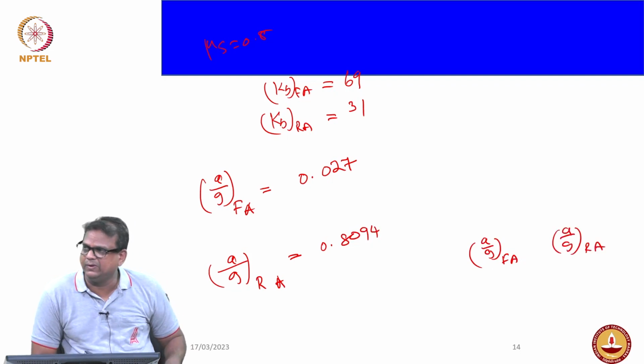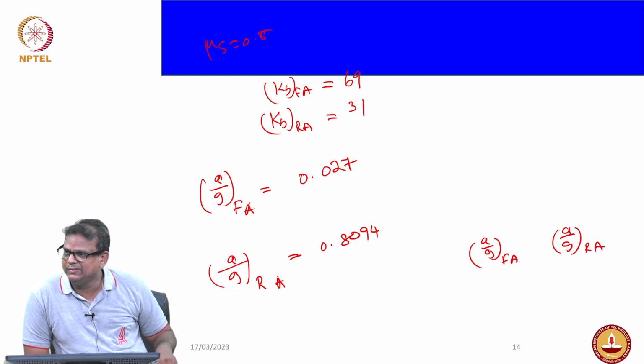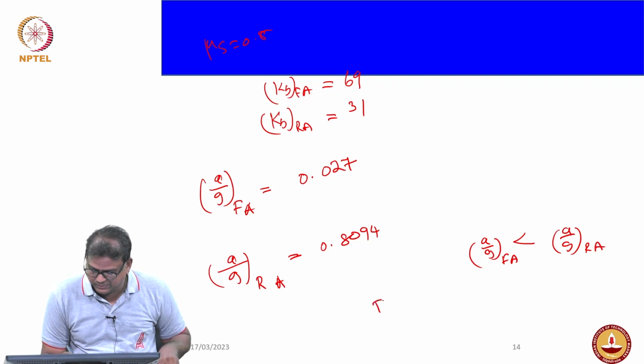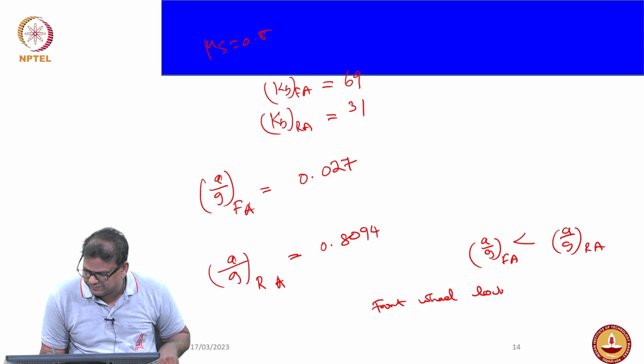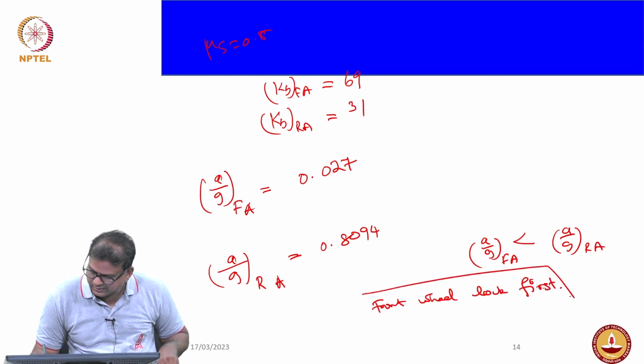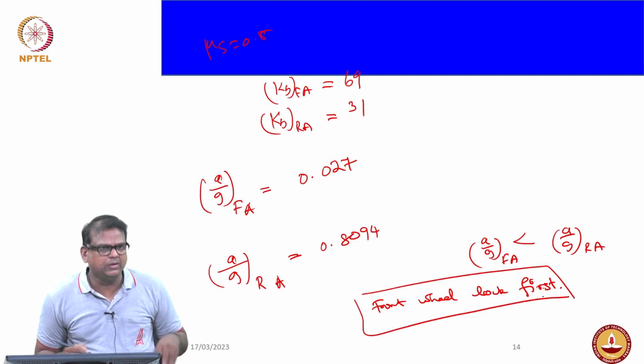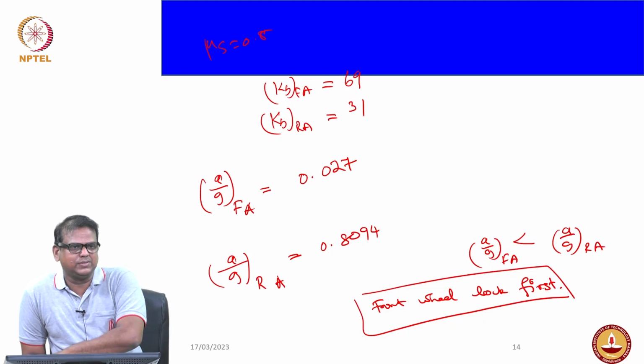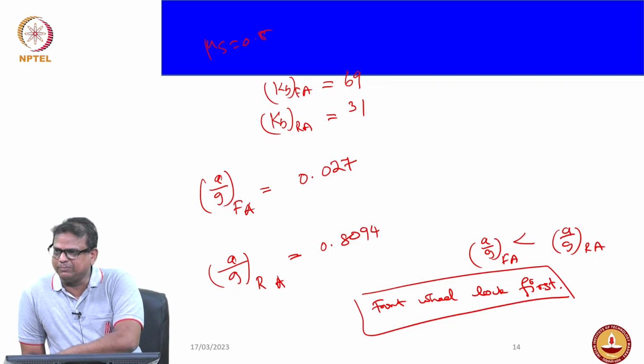Your front axle is lesser than the rear axle, right? So here also the front will lock first. The question is, you have chosen two different surfaces, one is mu s equal to 0.2, the other is 0.8.